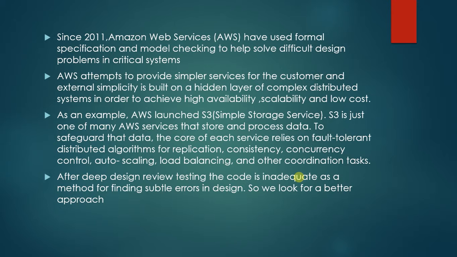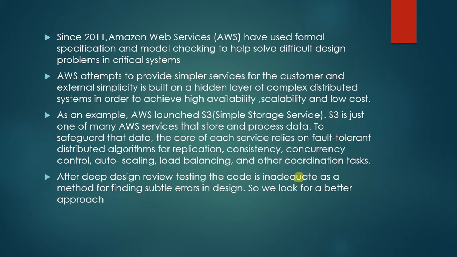For example, AWS launched S3, Simple Storage Service. S3 is just one of many services that store and process data. To safeguard that data, the core of each service relies on fault-tolerant distributed algorithms for replication, consistency, concurrency control, auto-scaling, load balancing, and other coordination tasks.